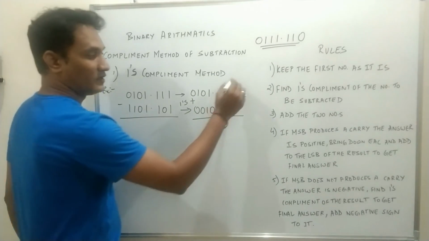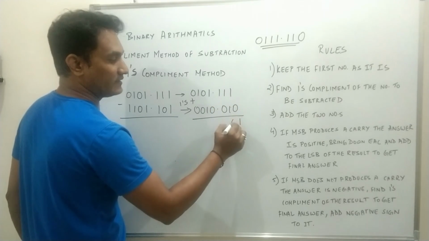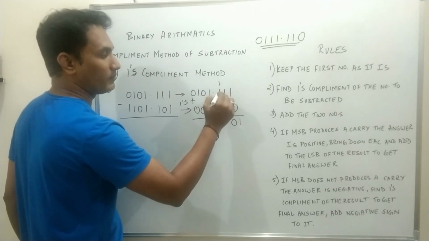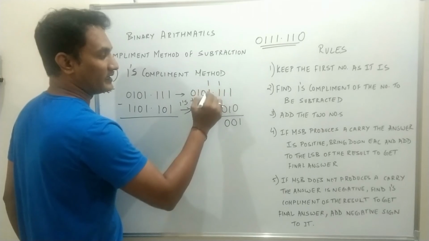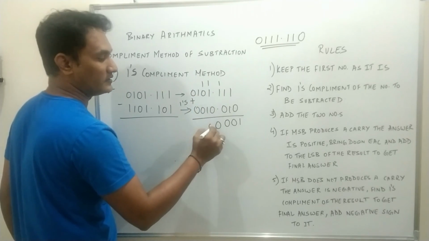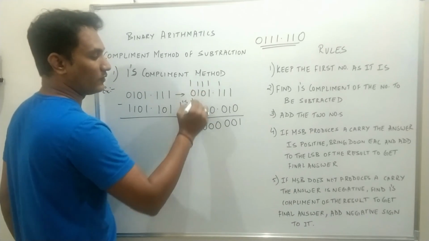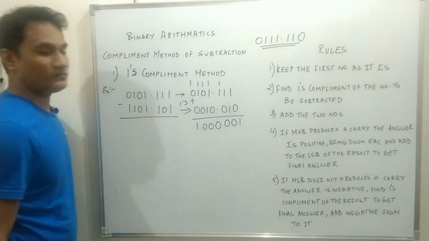Step 3. So when you add, 1 plus 0 is 1, 1 plus 1 is 10, 0, 1 carry forward, and so on, and this will be 1.